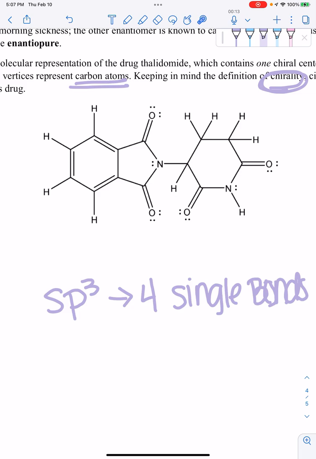And all of the carbon atoms in this molecule are represented as these vertices. And this is just sort of a shorthand for organic chemists when they're drawing these enormous molecules. So each of these that I'm highlighting with my little red laser pointer are our carbon atoms. So we're going to cross out all of the carbon atoms that have double bonds.